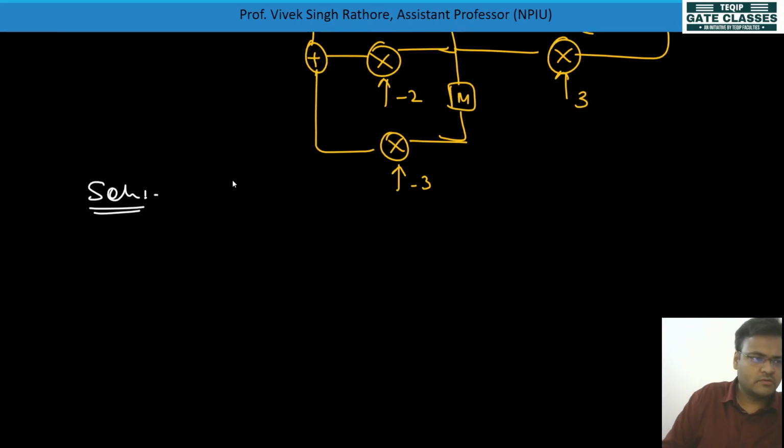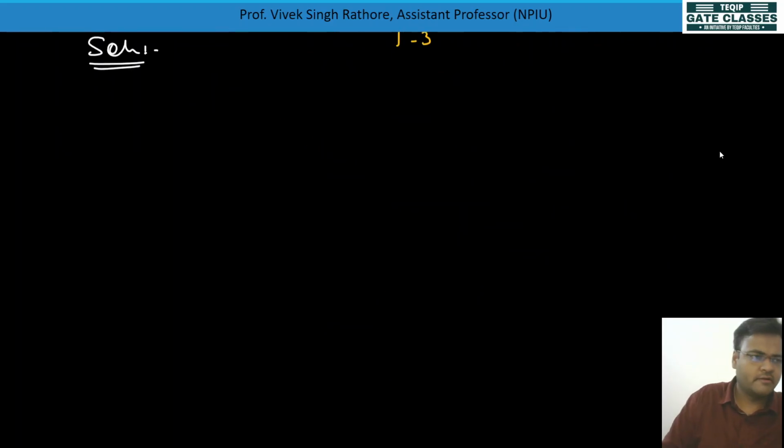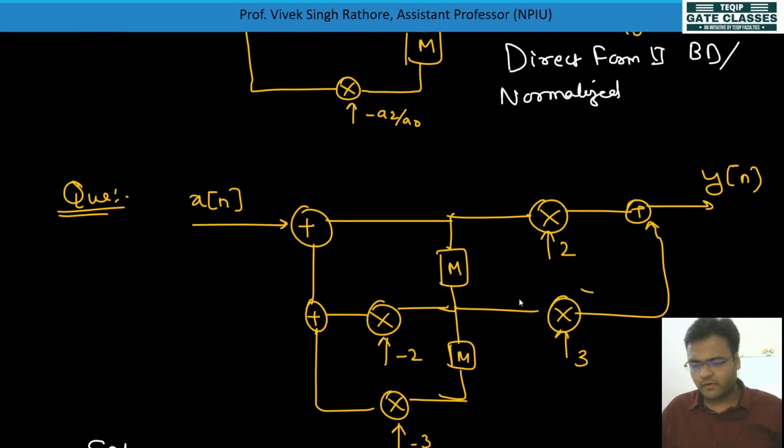So y of n will be equal to, here the delay factor is there, y of n minus 1, and minus 2 will be there.